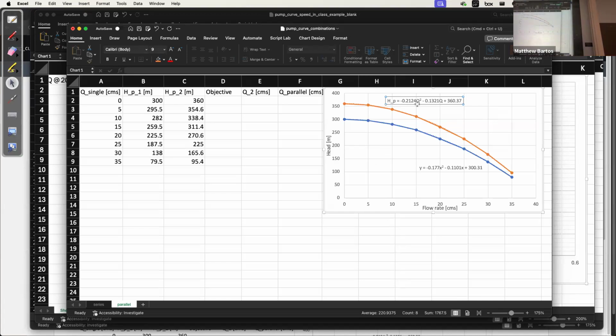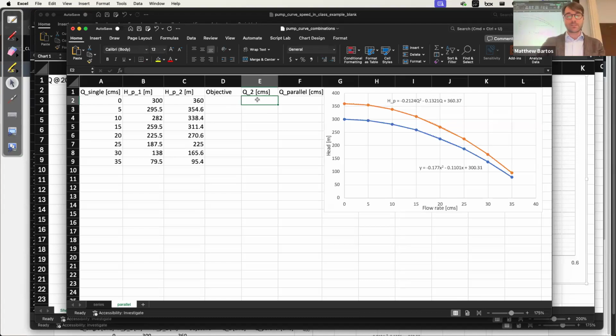What do we want to find if we give it a known head value? Q, yeah. So we find the roots of this polynomial. I'm going to do that using Excel goal seek. You could also use Desmos or a graphing calculator to do that individually for each one of these pump heads. But let's start with an initial guess of 35 cubic meters per second for each of these.